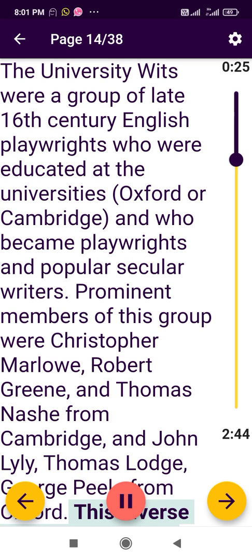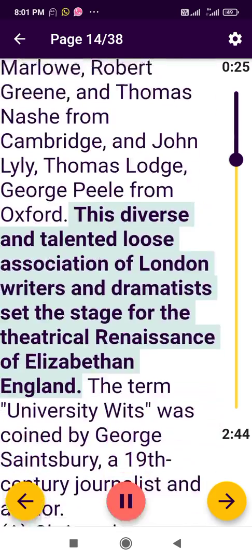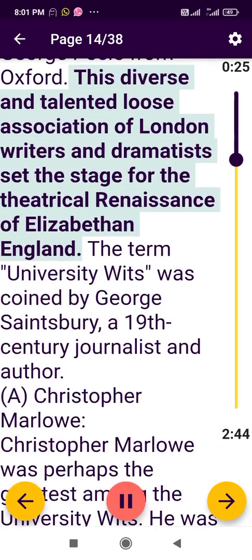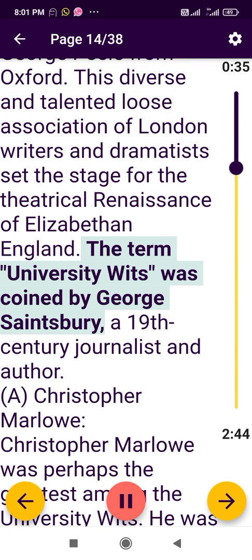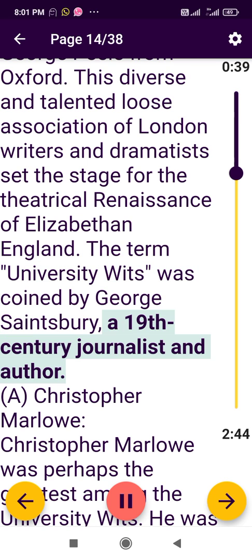This diverse and talented loose association of London writers and dramatists set the stage for the theatrical renaissance of Elizabethan England. The term University Wits was coined by George Saintsbury, a 19th century journalist and author.